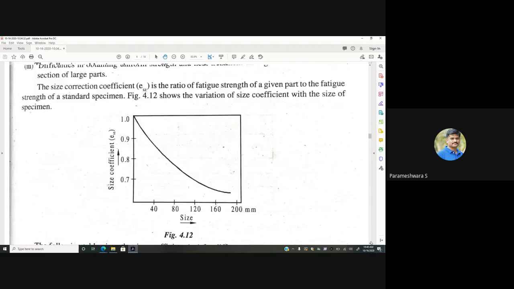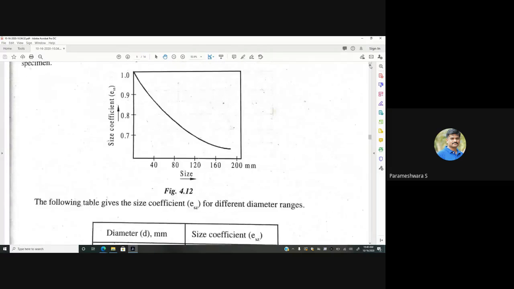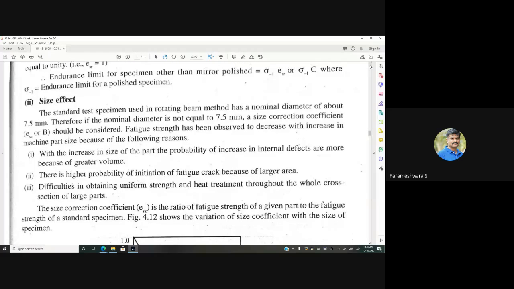Then size effect. The standard test specimen used in a rotating beam method has a nominal diameter of about 7.5 mm. If the nominal diameter is not equal to 7.5 mm, the size correction coefficient, we call it ESZ, or in some other data handbooks it is represented by B, should be considered.